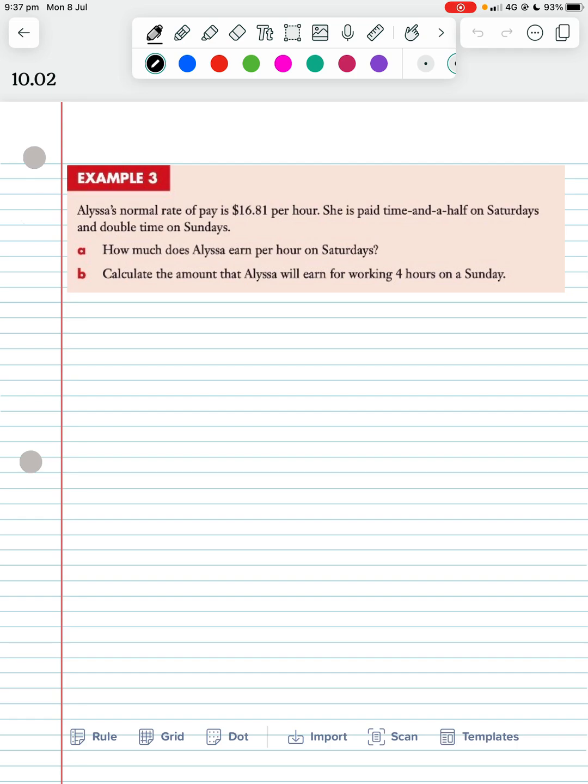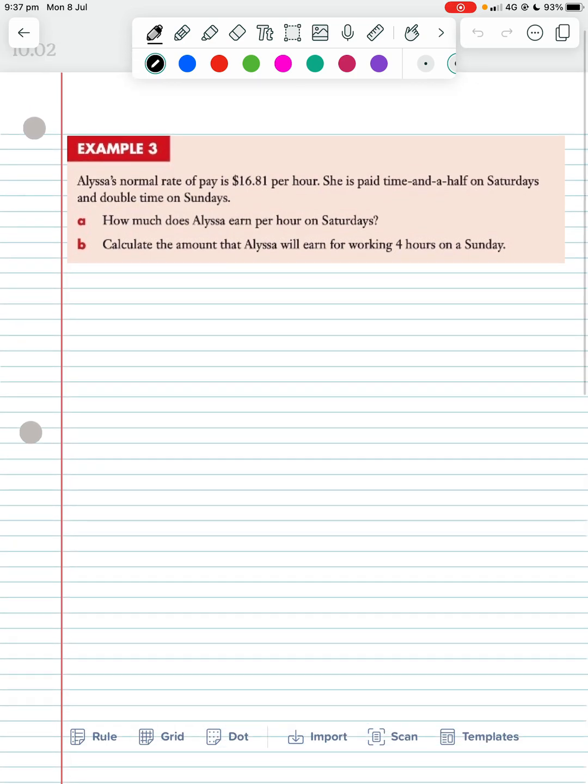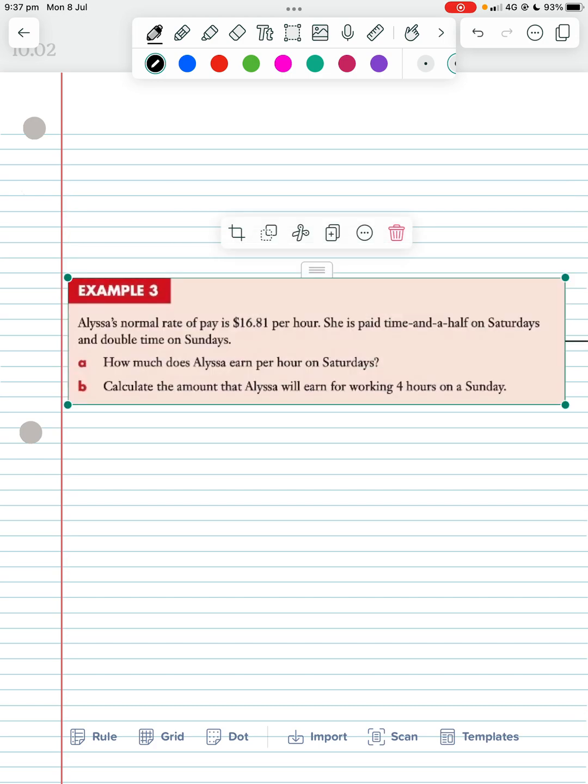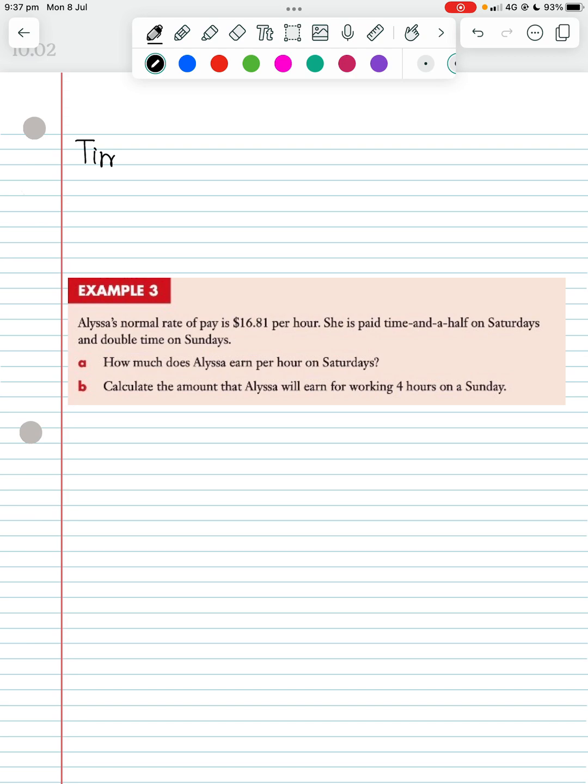So, some common lingo that I haven't put, which I should before this example, is if you are getting paid time and a half. This means it is 1.5 times your normal pay.